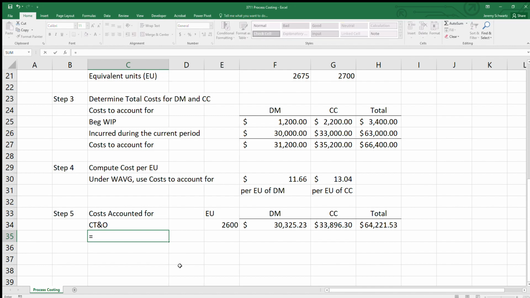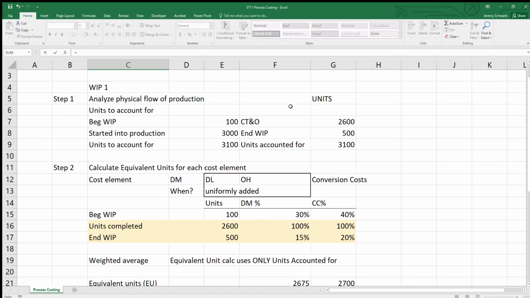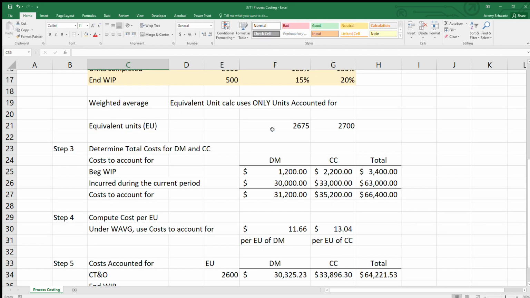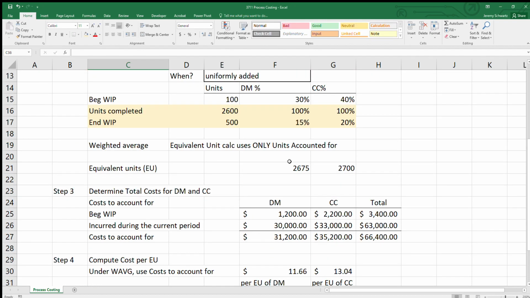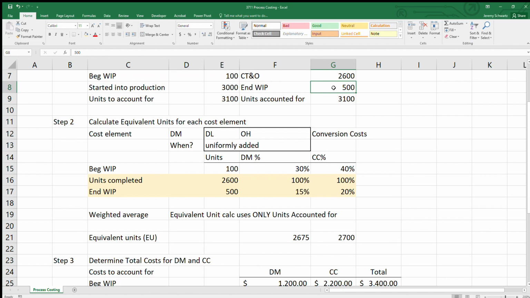In our ending work in process, now notice above we said we had 500 units that were in ending work in process. But really, we would have the equivalent of, for direct materials, only 15% of that, and conversion costs are a whopping 20% of that.